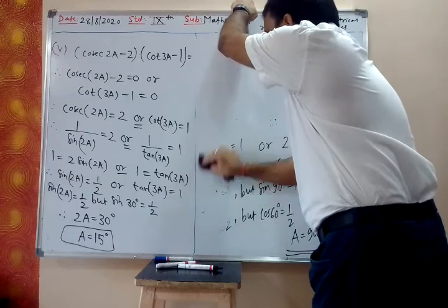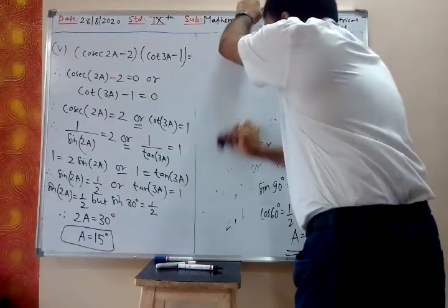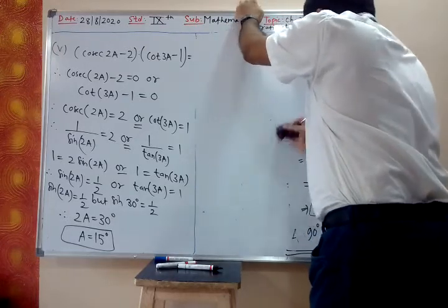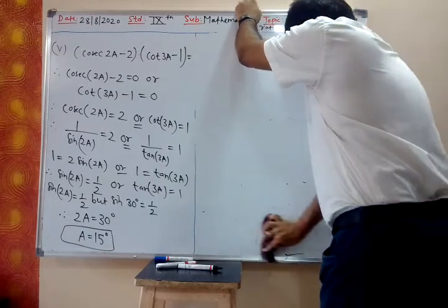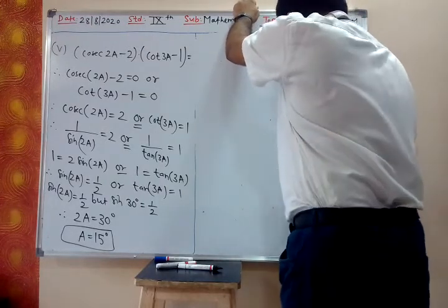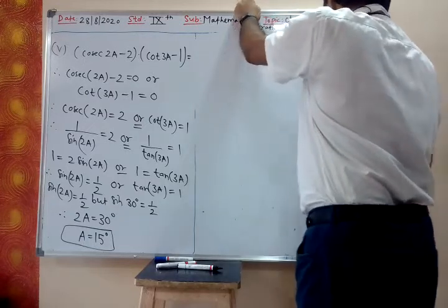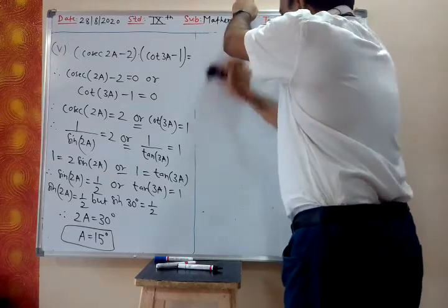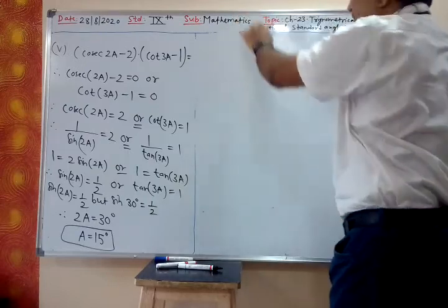Tan of which angle is 1? Tan 45 degree is 1. So you will get 3A is equal to 45 degree, and that will give you A is equal to 15 degree. So finally A is 15 in both the cases.